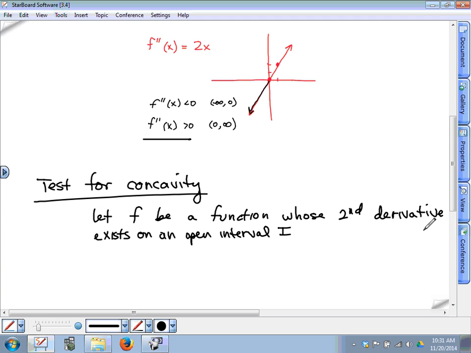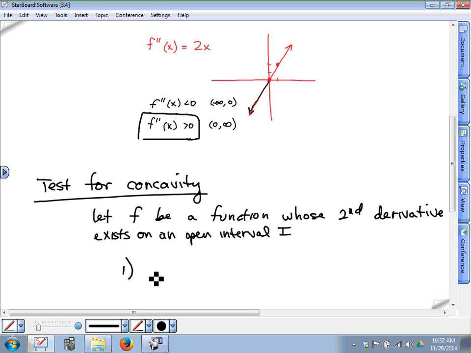We've already discussed what the test is. We just need to write it down in a phrase. The test has two parts. Either because of one condition it's concave up, or because of another condition it's concave down. What were the two conditions? How do we know if it's concave up? If the second derivative is positive, or greater than 0, then it's concave up.